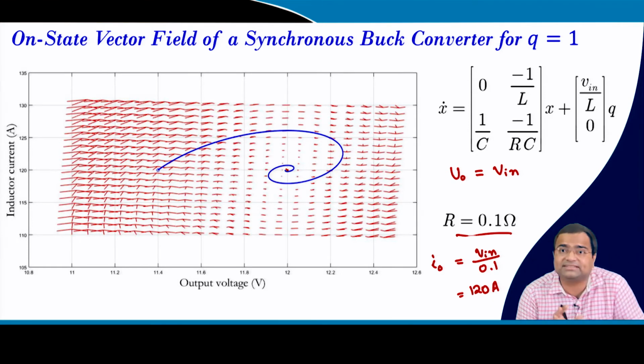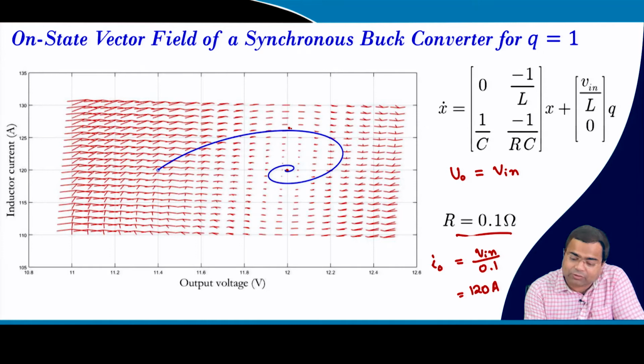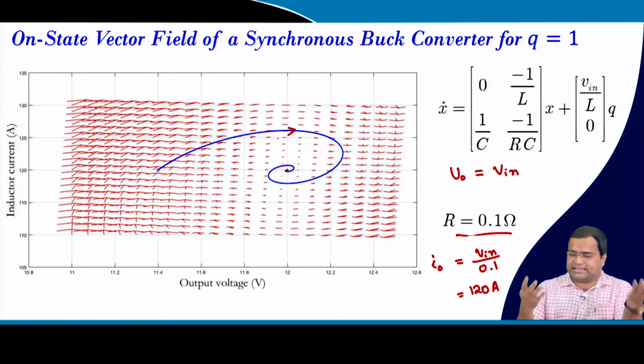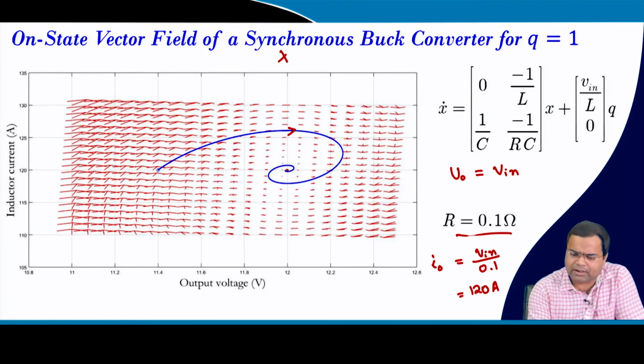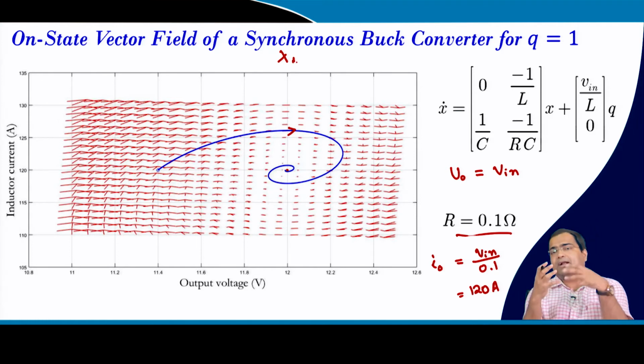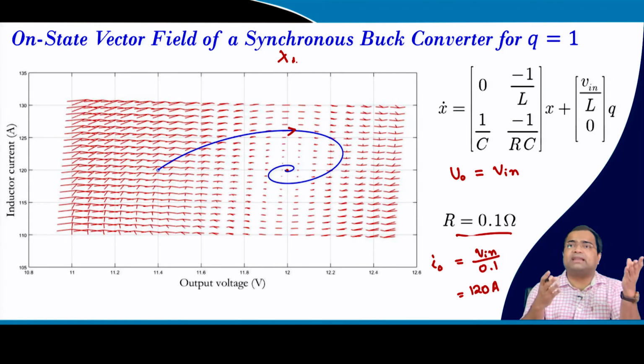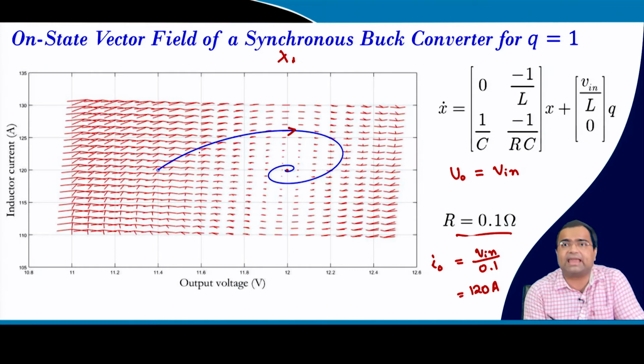But what has changed? Again it is a clockwise motion, but the damping ratio has increased. Compared to the previous eigenvalues, the real part is still negative, but the magnitude has increased, so it is decaying much faster.